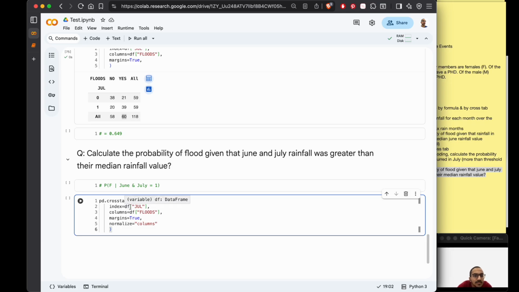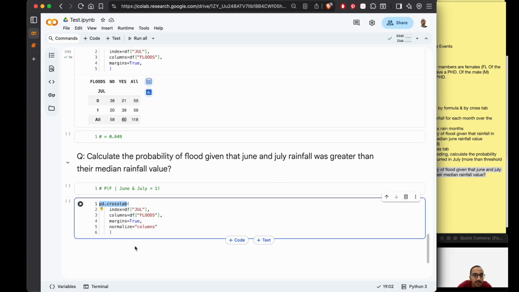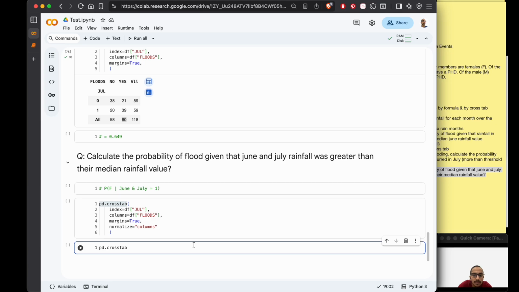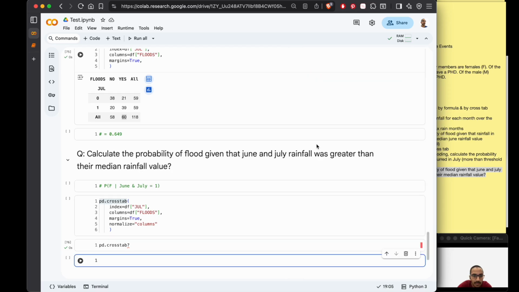Now here we have to choose both June and July. So if you see the documentation, the index accepts. What does index accept? Array like series or list of arrays or series. So it can accept multiple columns, right?